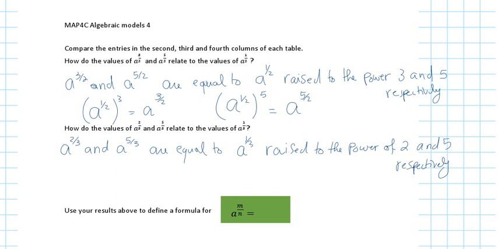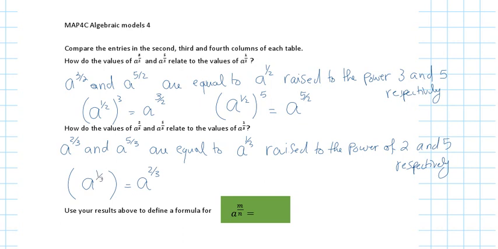How would you write a 2 over 3 as a power to the power? So what do I raise it to the power first? 1 over 3.